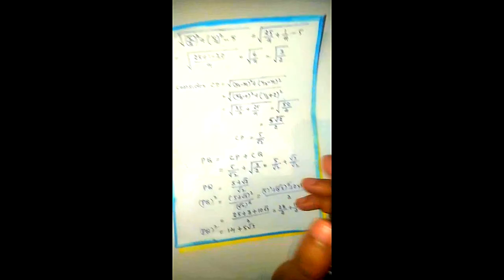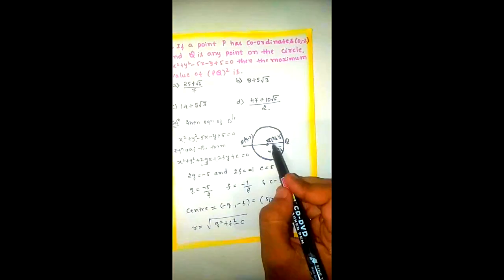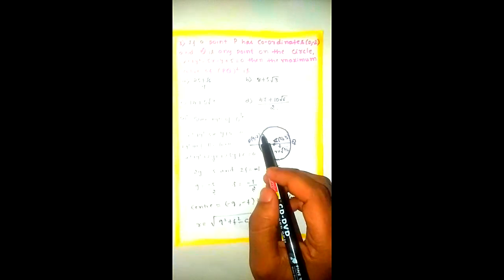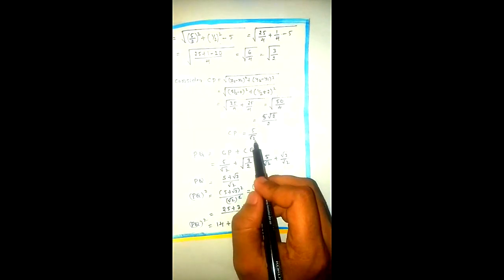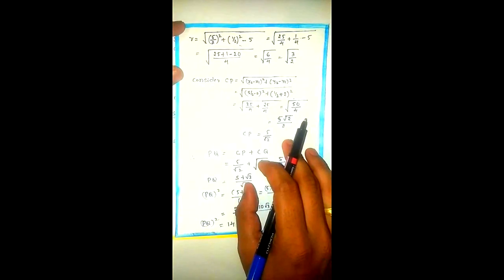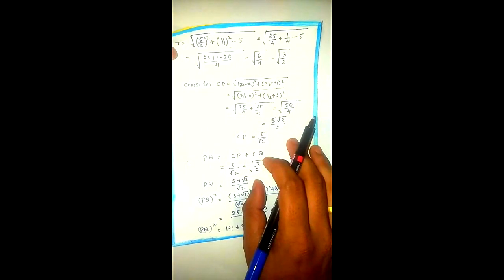Directly substitute x1, y1, x2, y2. So CP is equal to 5 divided by root 2. Finally, the CP value is 5 divided by root 2.